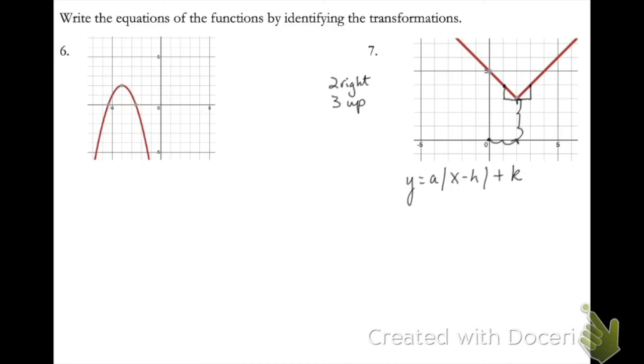If we're going to shift 2 to the right, that means that we need to have an h value where we are subtracting 2. And if we're going to move 3 up, we need to have a k value where we are adding 3. So now let's write the equation. We'll put it all together. So y will equal, our a value will just be 1, x minus 2, absolute value of that, plus 3.